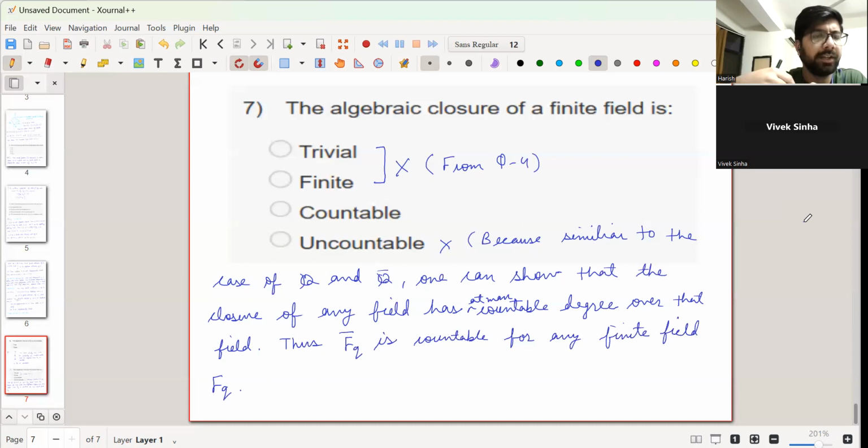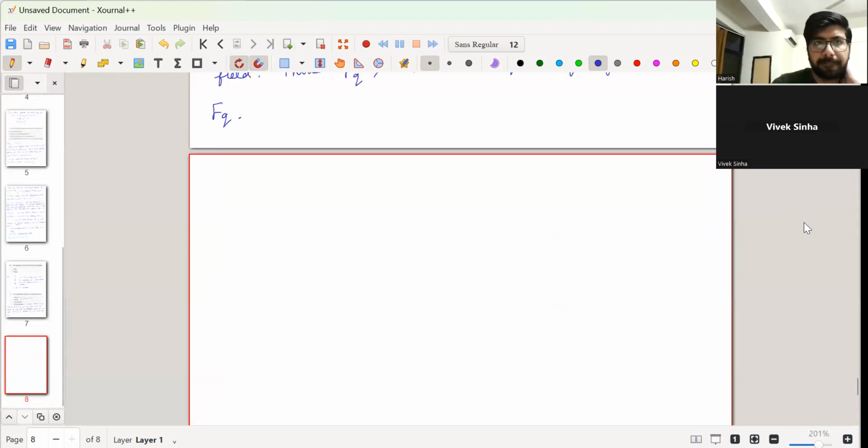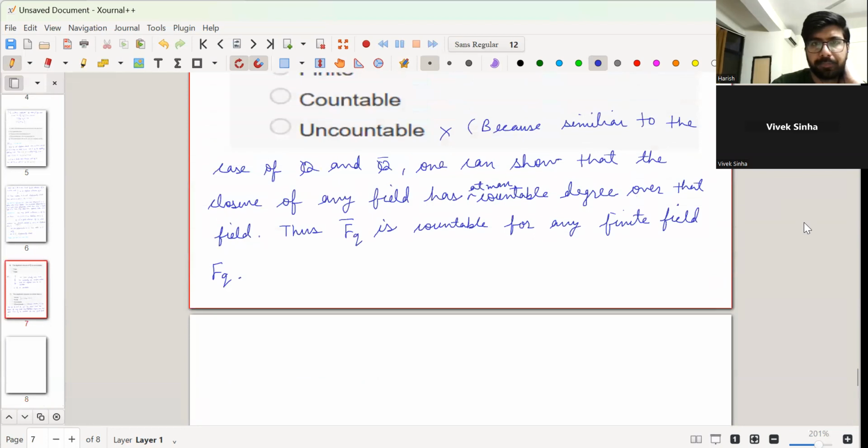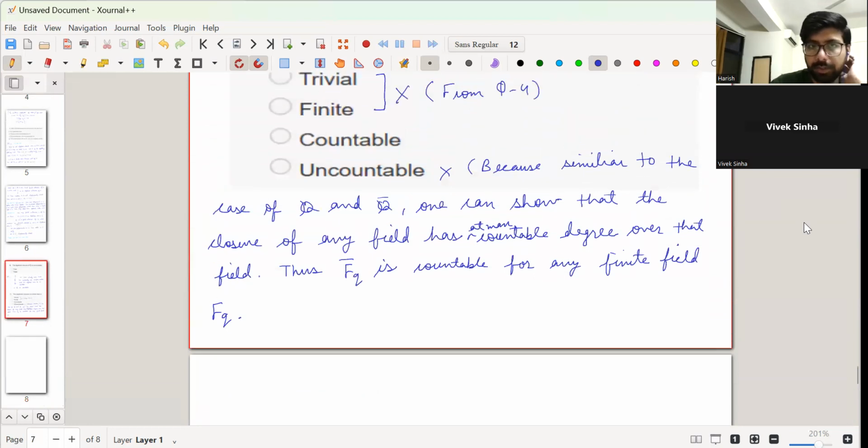So some finite number raised to a countable number is again a countable thing. So thus F_q closure is countable for any finite field F_q. Okay. The uncountable part will vanish.